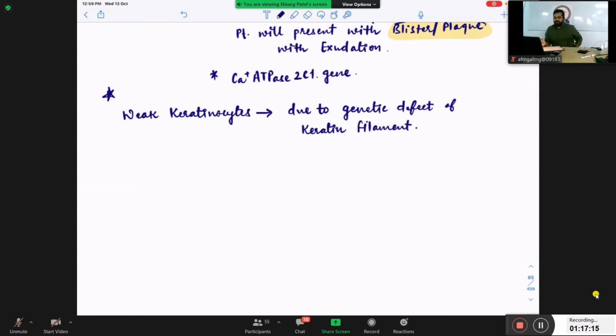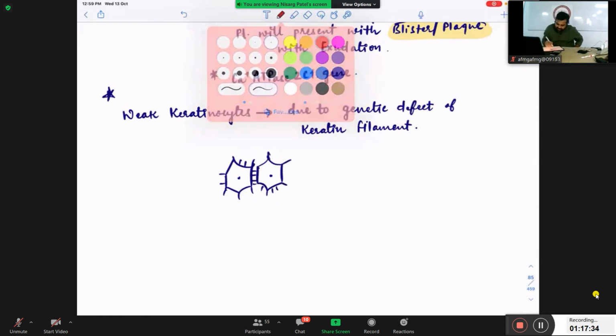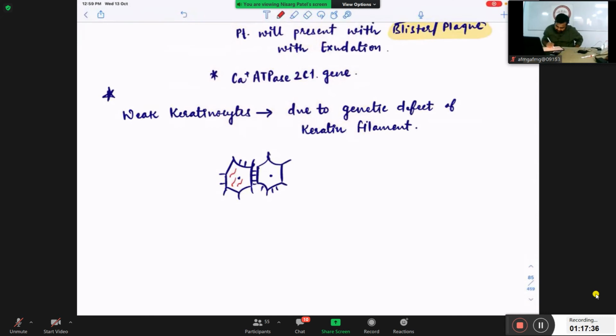So see, if my desmosome connection is strong, but the keratin filaments which are inside this cell are weak, what will happen?